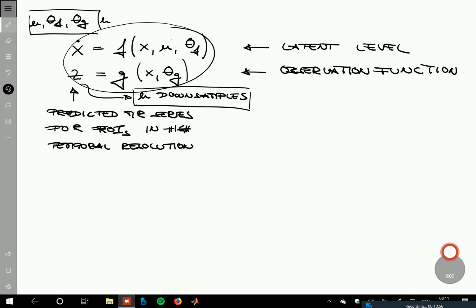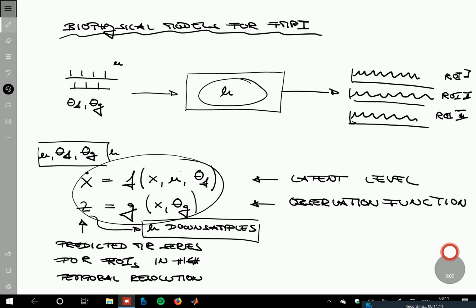I didn't quite understand how we get the u, theta f and theta g from the h function, because I thought that is only at the input to the h function. So, do you see this circle here?